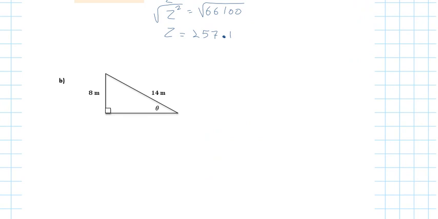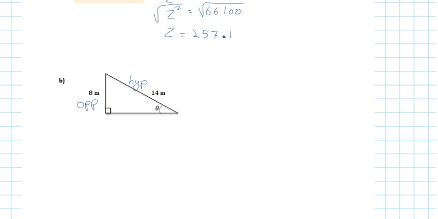Which was the opposite? 8. And then the hypotenuse, 14. Perfect, that's sine. So I have to use sine because I know the opposite and the hypotenuse.